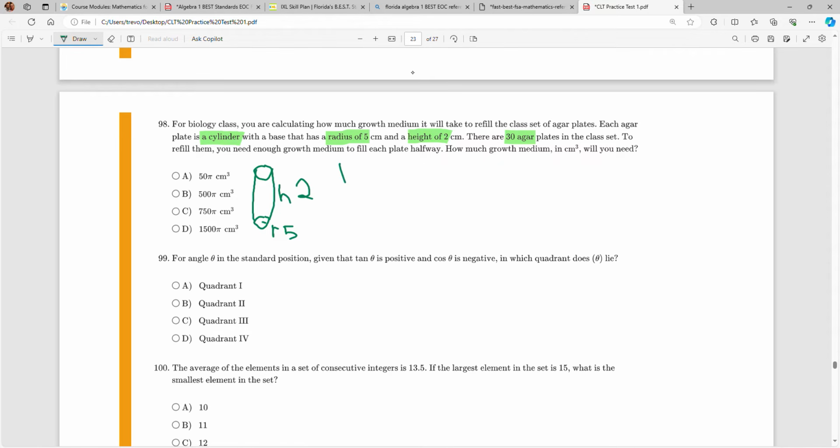my volume of the cylinder is going to be the area of the base times the height.